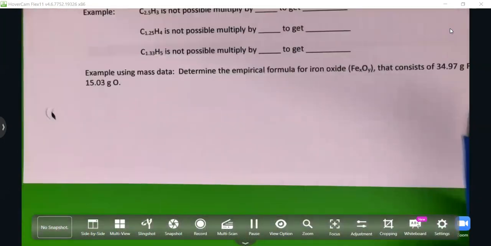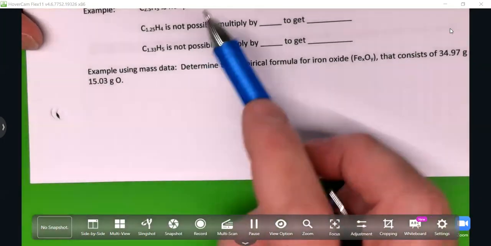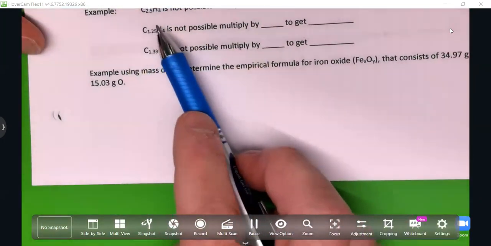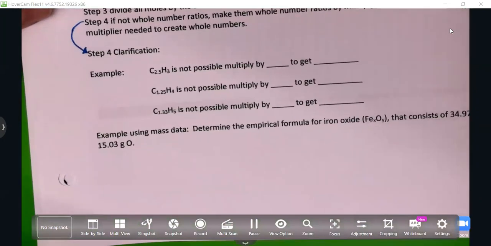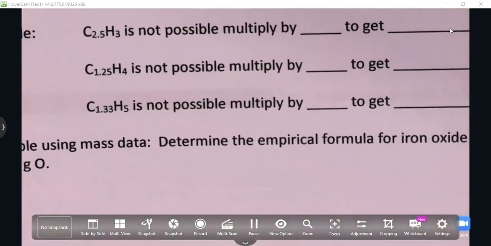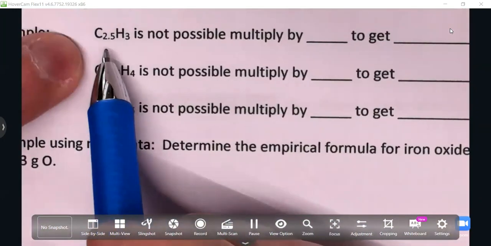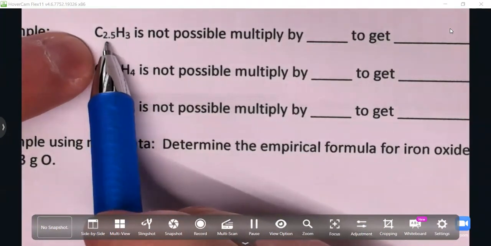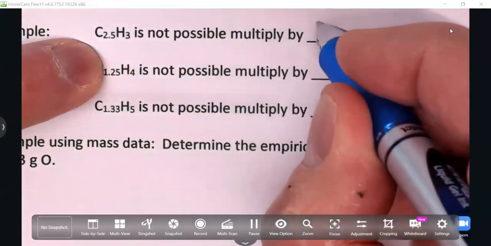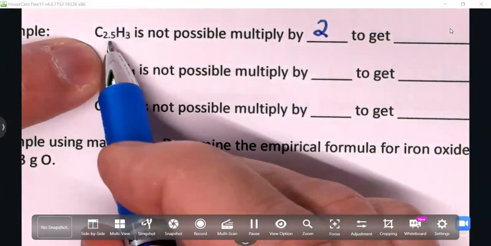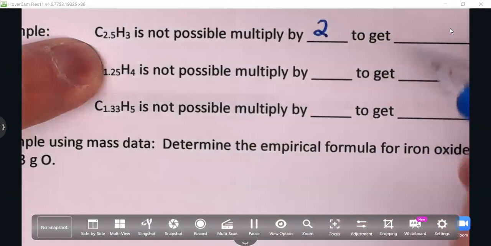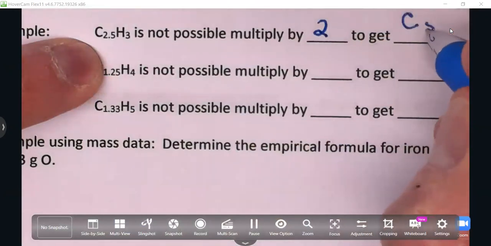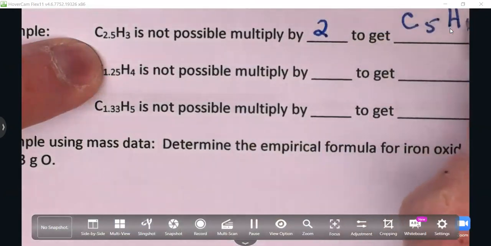But let's say you go through step 3 and you come out with something that looks like this: C2.5H3. To make this whole number, we would multiply by 2, right? 2.5 times 2, and we'd get a formula of C5H6 for a final formula.